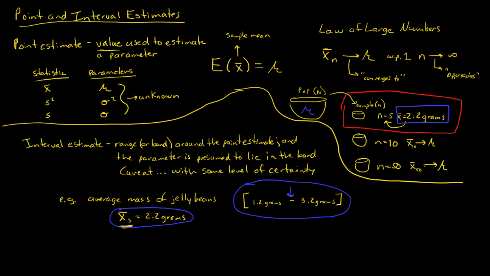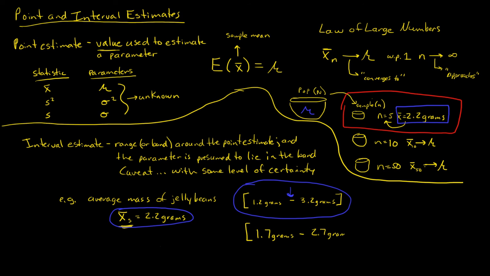Now maybe you think that's a rather large interval, plus or minus 1 gram. That's a lot of mass to vary in something that weighs so little. So maybe you say, let's draw this a little bit smaller. Maybe if you based this x bar on 10 instead of 5, and you still got 2.2 grams, the interval around it was 1.7 grams to 2.7 grams.